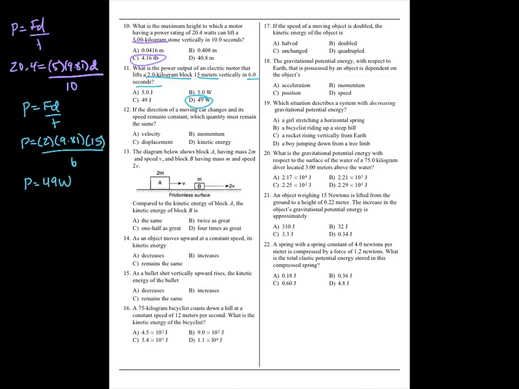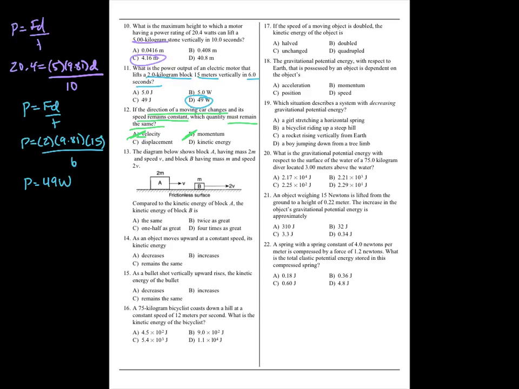If the direction changes and its speed remains constant, which quantity must also remain the same? Velocity might seem like a good go-to answer. However, velocity is dependent upon direction. So if direction changes, velocity also changes, so that's not it. Same thing with momentum.